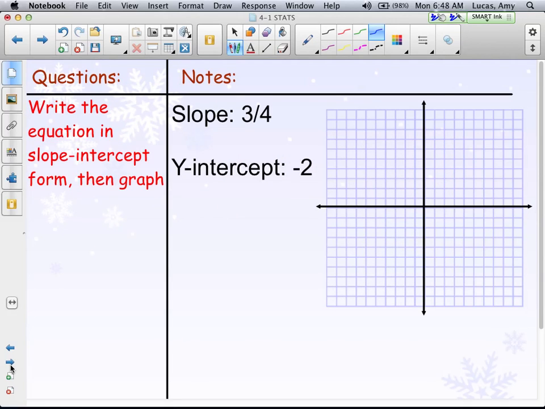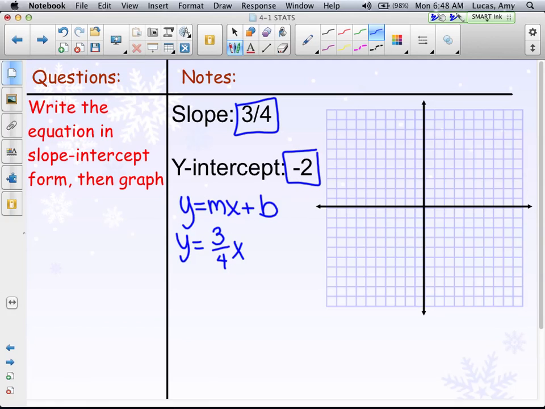Okay, the next one says write the equation in slope-intercept form and then graph it. So now they're telling us the slope and they're telling us the intercept. So we just need to plug them in and then graph this. So if I plug in my slope 3/4, that is going to go in front of x, and then I plug in my intercept, -2, that goes after the x.